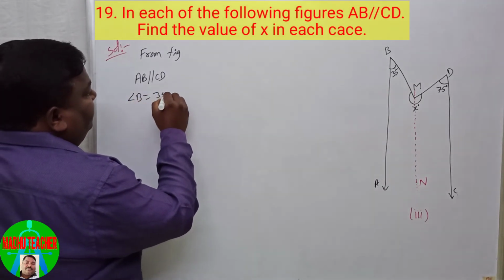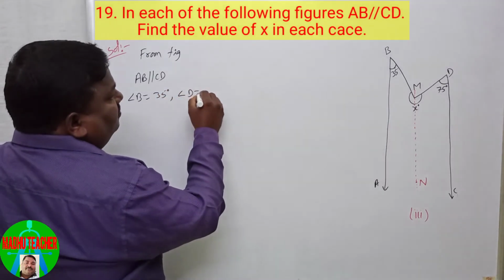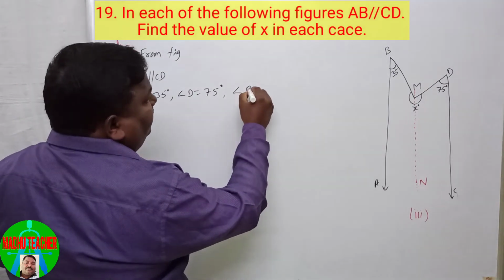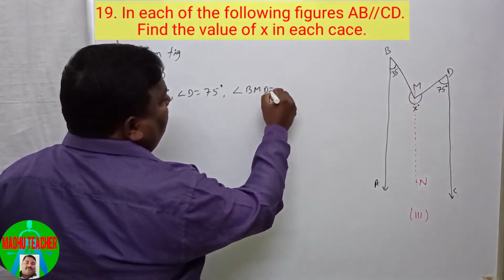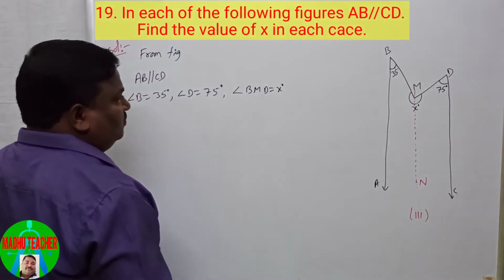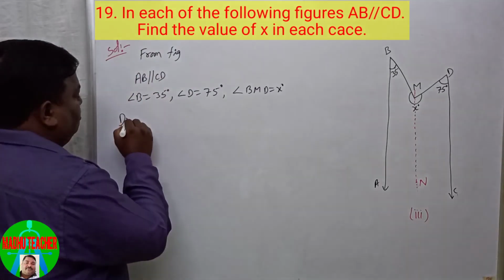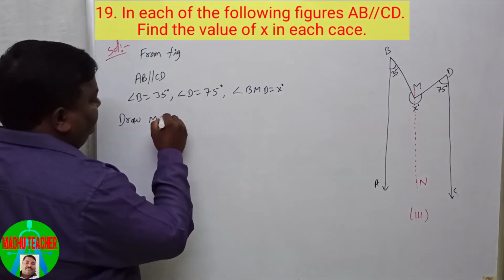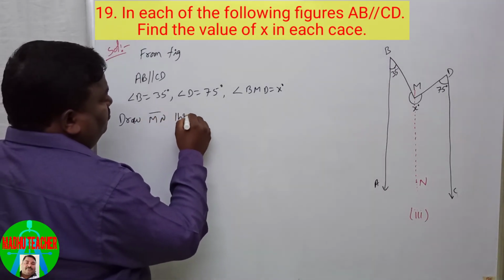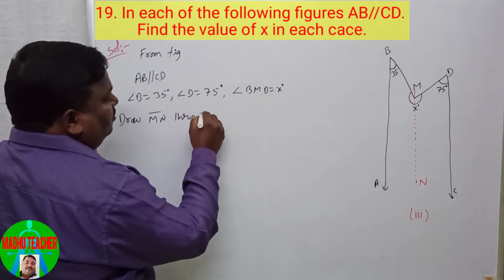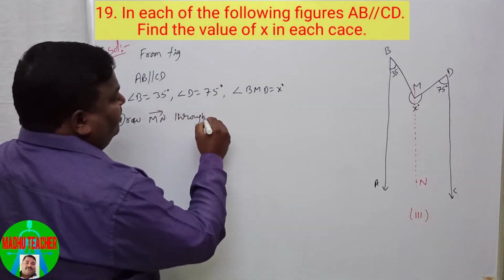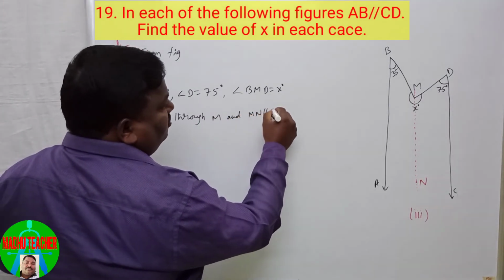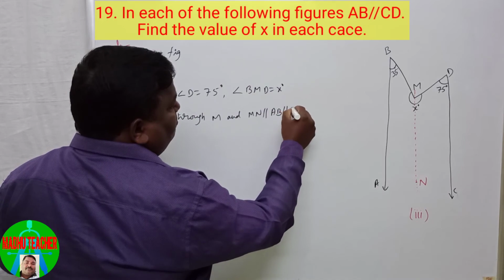Angle B equal to 35 degrees, angle D equal to 75 degrees, and angle BMD equal to x degrees. So what do we draw? Draw MN through M, and MN parallel to AB parallel to CD.